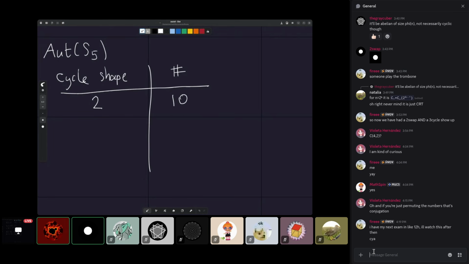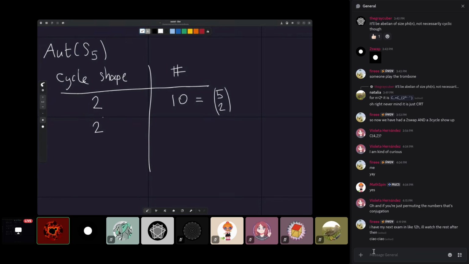I just naively did 5 times 4, but you have to divide by 2 because the ordering doesn't matter. Yes, exactly. So this is 5 choose 2, 10, because you get 1 for every pair. Great.